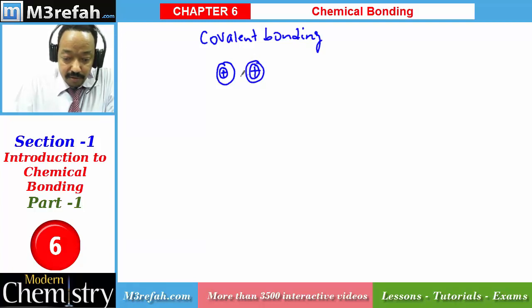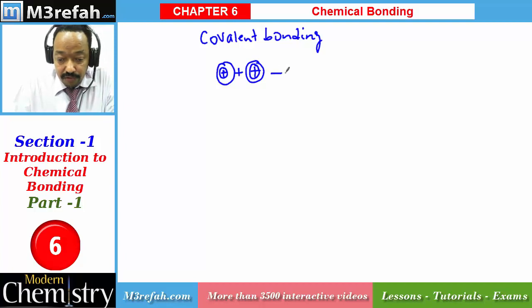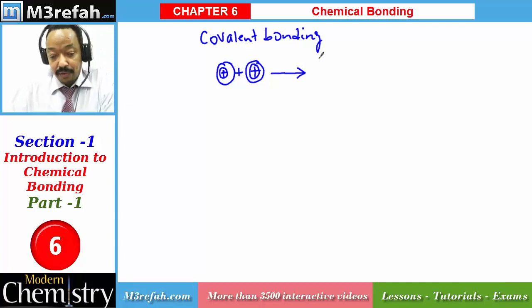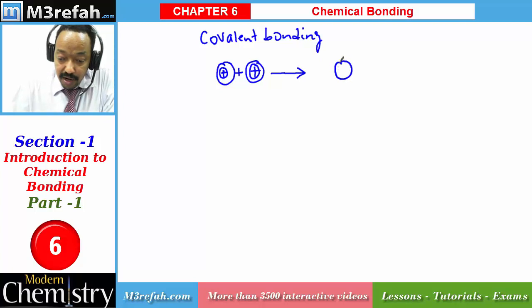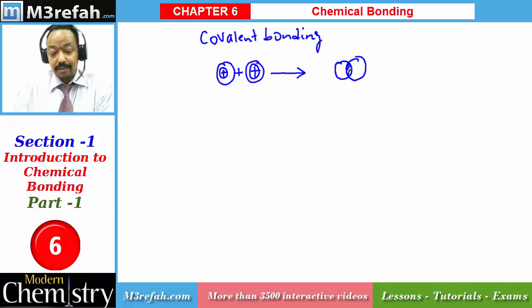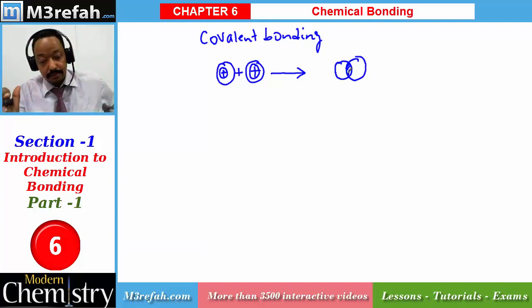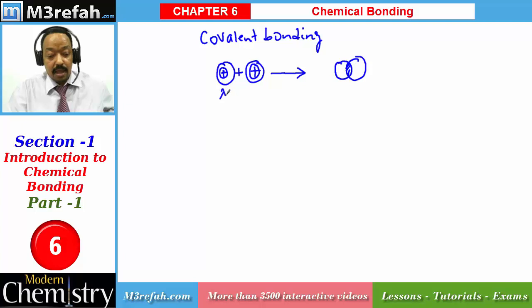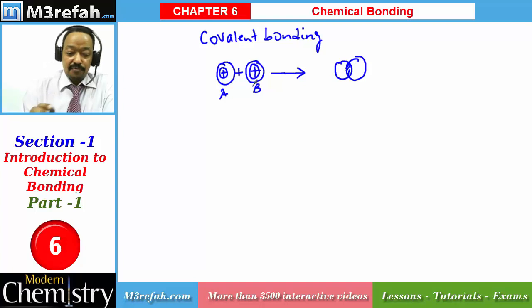Let's say these are the two atoms coming together, and in the course of this togetherness, they end up forming one common area, and this area indicates the shared area. These shared electrons belong to both atom A and atom B. To clearly see this situation, we have to consider the following points. One, covalent bonding is done by sharing electrons.